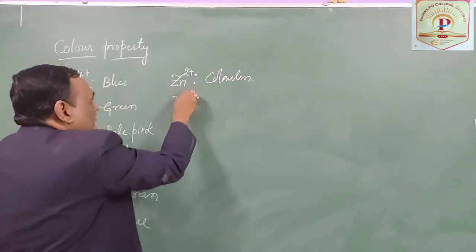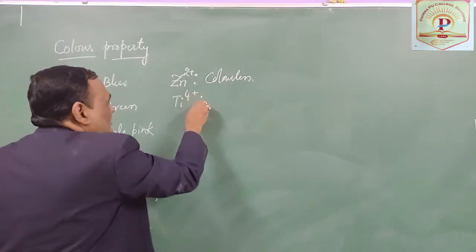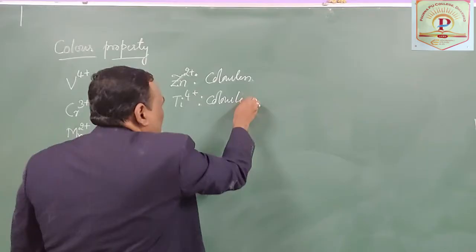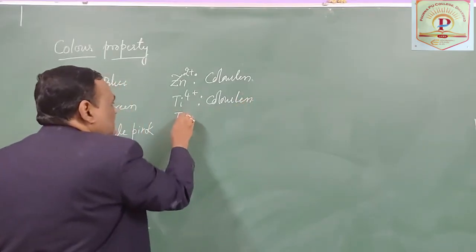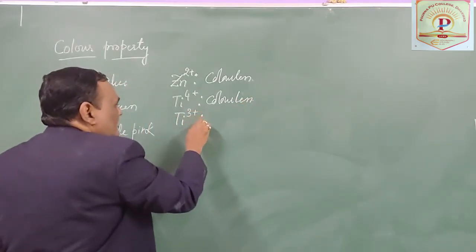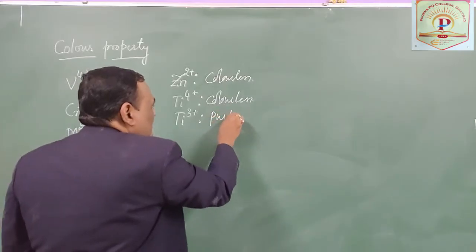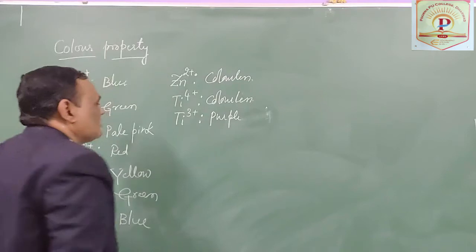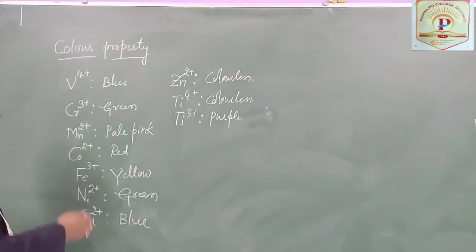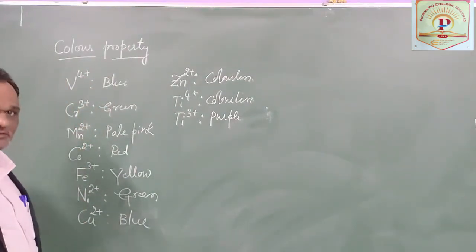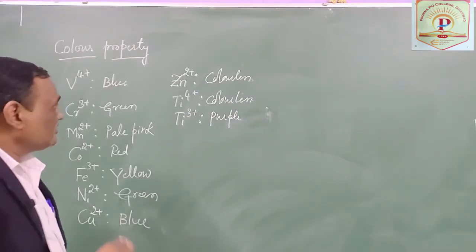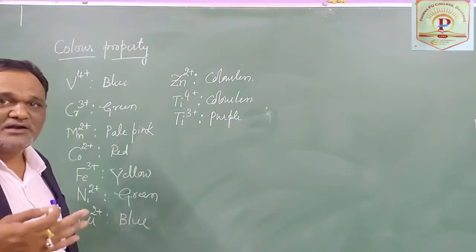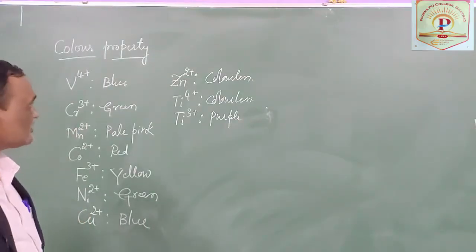Titanium 4+ is colorless, whereas titanium 3+ is purple in color. So the majority of the transition metal ions, not only this 3d series but even including the 4d and 5d series, will exhibit a variety of colors.